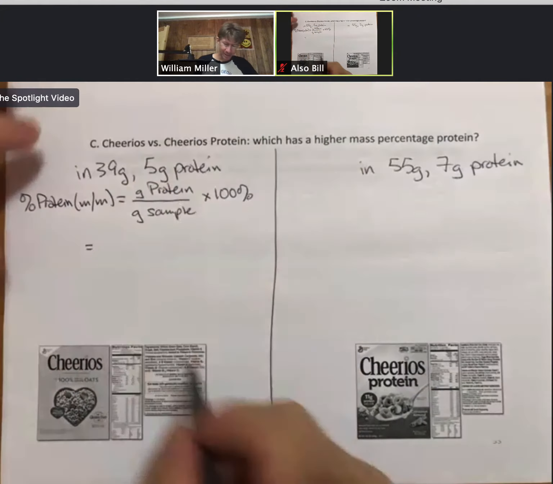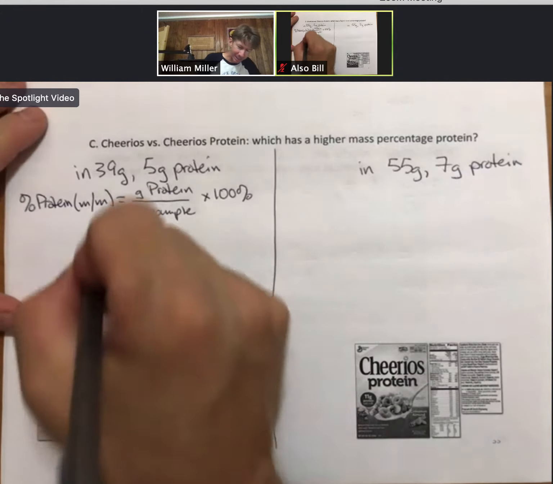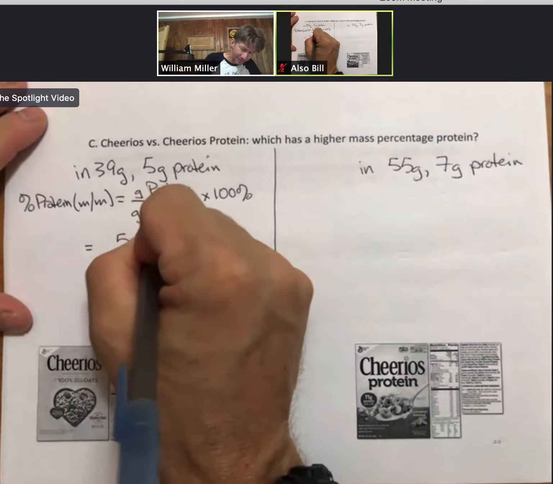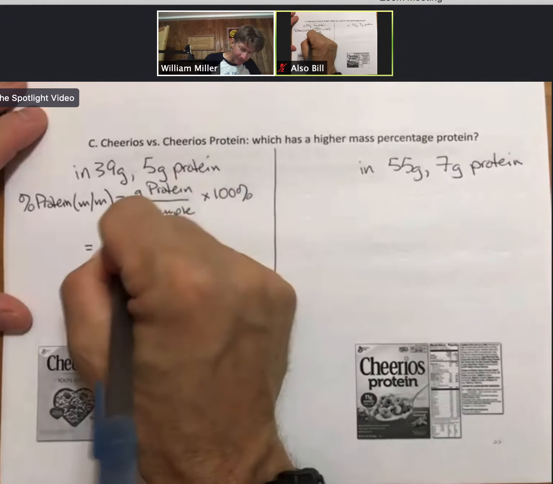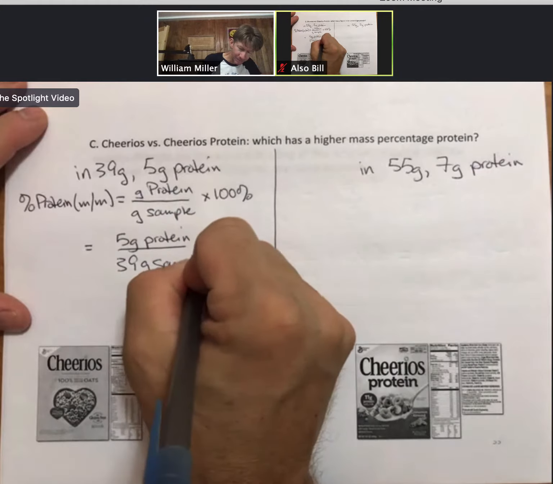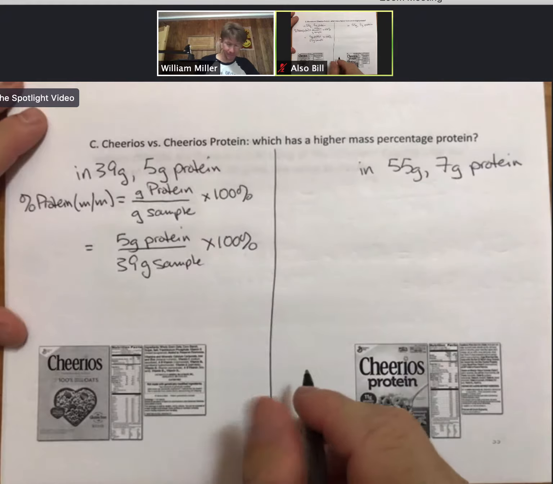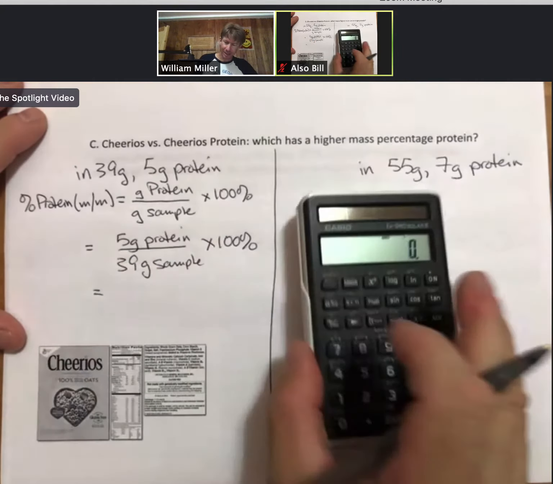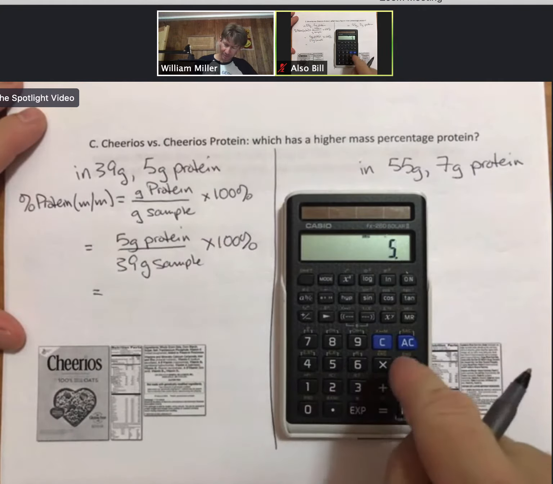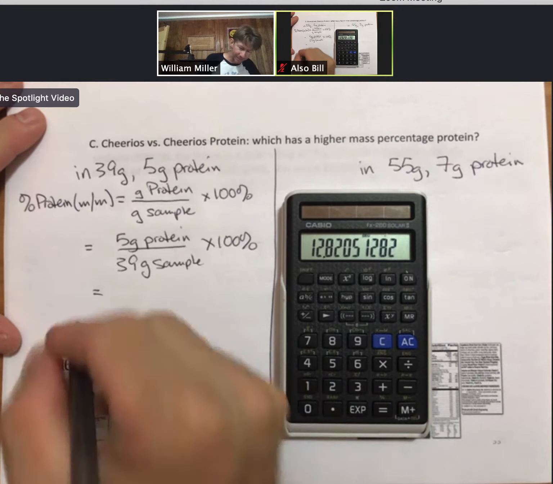And again, this is for regular old Cheerios that I had for breakfast yesterday. I get 5 grams protein divided by 39 grams of sample times 100%. And if I do that math, 5 divided by 39 times 100, I get 12.8.